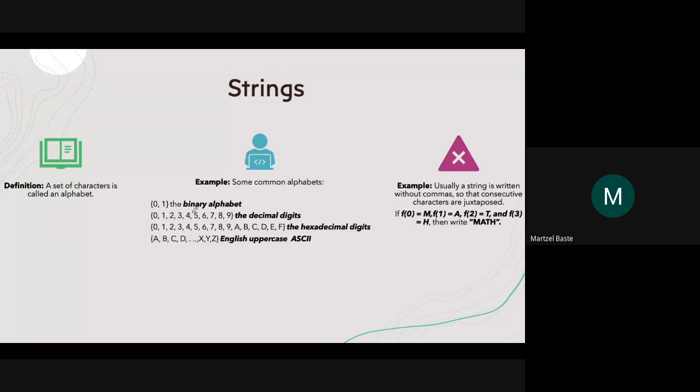Another one is 0, 1, 2, 3, 4, 5, 6, 7, 8, 9. These are decimal digits. How come they are called decimal digits? Remember, when we talk about decimal, like decimal to binary, deci means 10. So 10 is represented by 10 numbers, from 0 to 9.